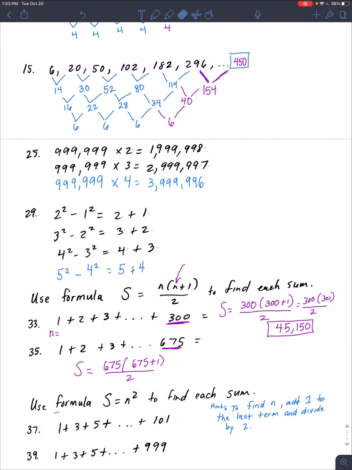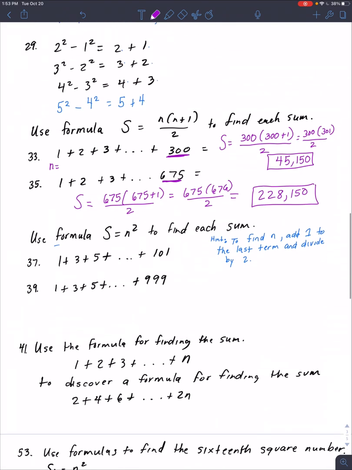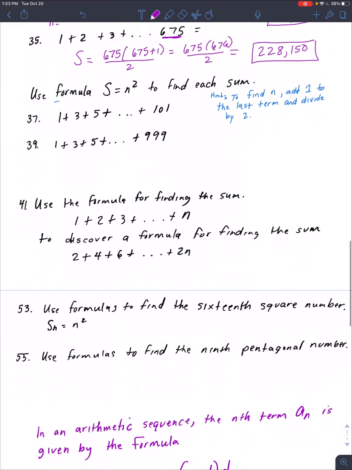So just plugging in the last term for n. In this case, it's going to be 675 times 676 divided by 2, which is going to be 228,150. Alright.